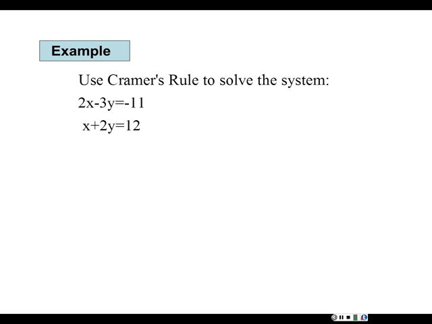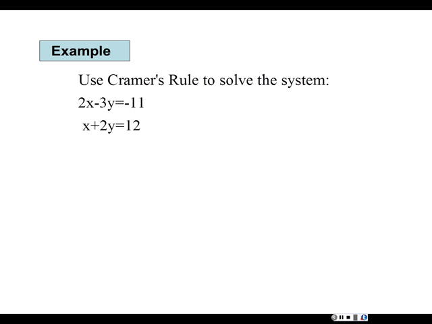So if you write the equation, I'll go back to the previous slide so that you can see the rule, Cramer's rule, and you can apply it. Let's write this here as well.